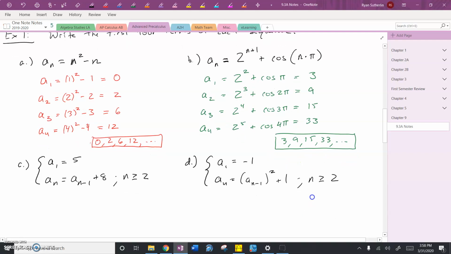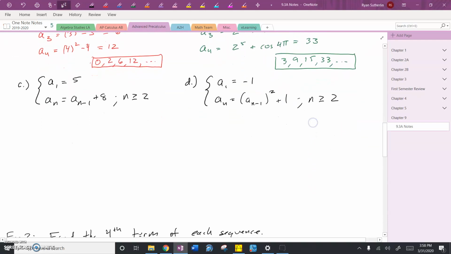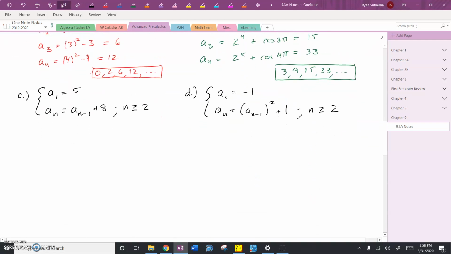Now for C, this time we are given a recursive formula. So here is how you use a recursive formula. We have here that the first term is 5. So that's easy enough. Now the second term. This says I take the previous term, which would be the first term, and I add 8. Well, the previous term was 5, so 5 plus 8 is 13.